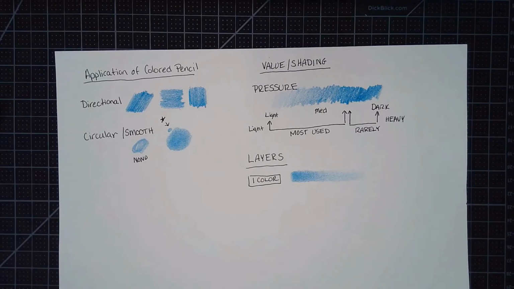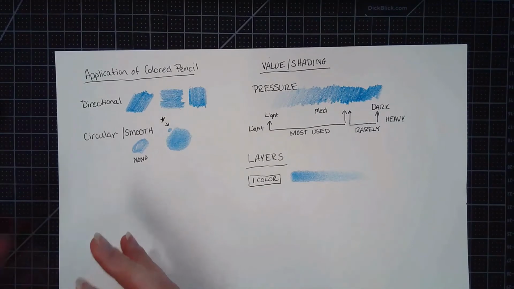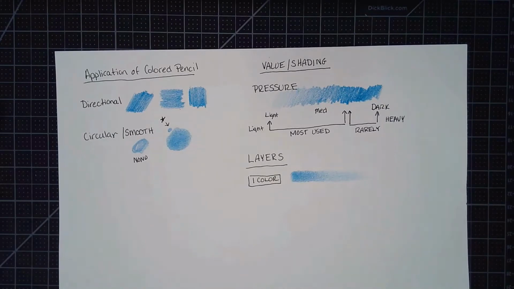So even though I didn't change my pressure and I just kept on adding another layer on top and another layer on top, any fibers I may have missed in the first passing, I'm now creating a lot more dust, and it's going to fall into any areas that didn't have color pencil yet. And that is what causes the color to appear darker, because I'm filling in more of the white paper showing through my color pencil with a pigment.